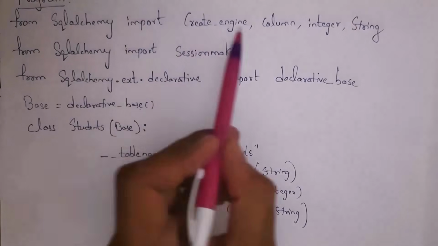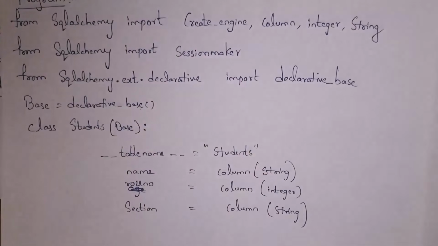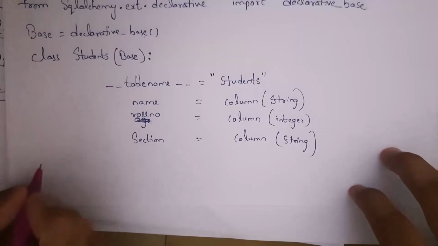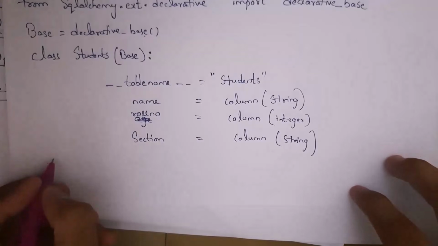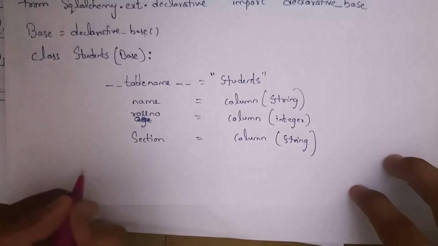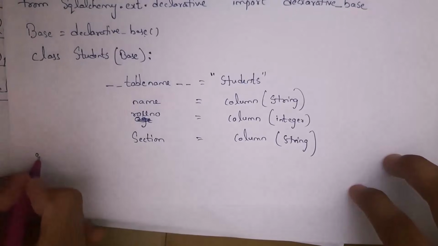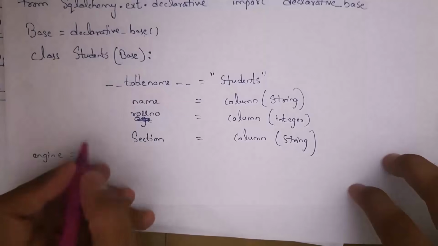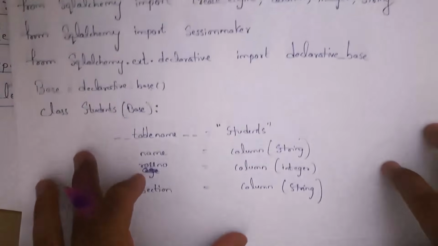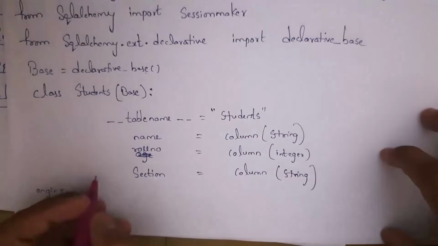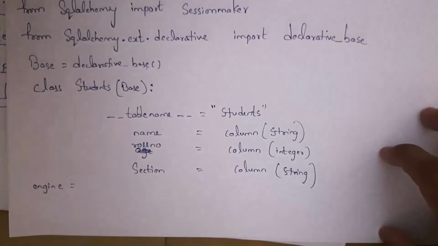Now we will use create engine function in order to create engine. So just write here I am creating engine. You can take any variable name. I am taking variable name as engine. Engine equal to, in order to create engine we need to use create engine function. So just write here create underscore engine.